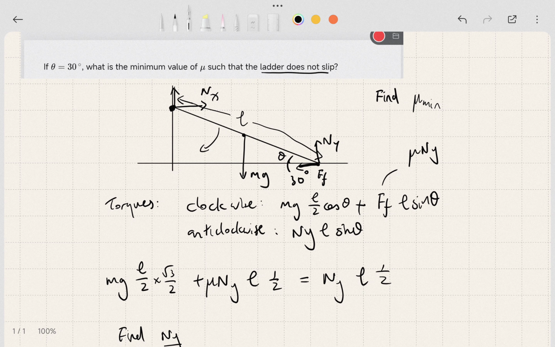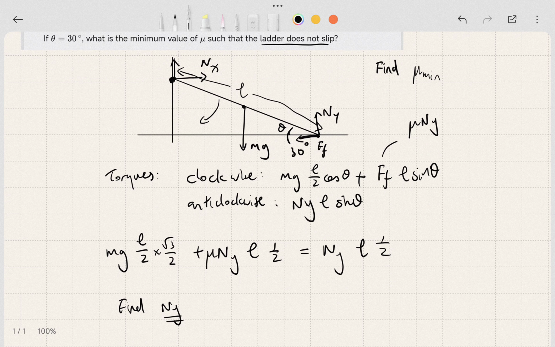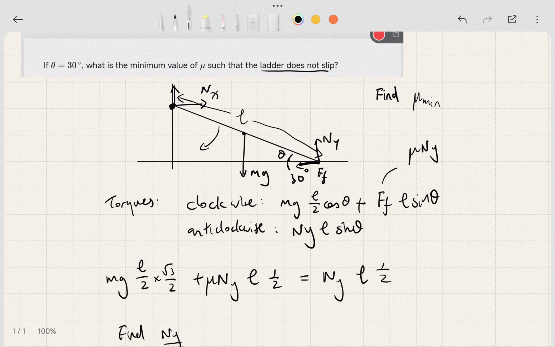Okay, so essentially, are we going to say that Ny is equal to mg? I'm suspecting that because, this is what I'm thinking right now.